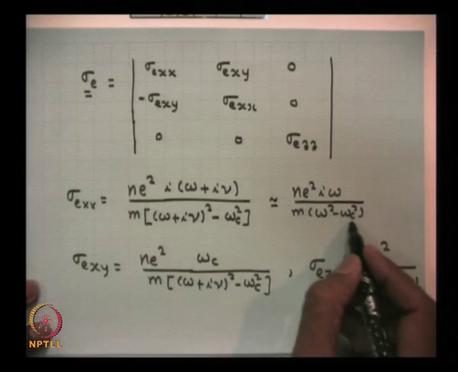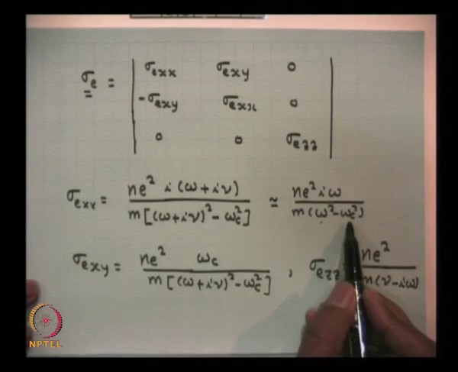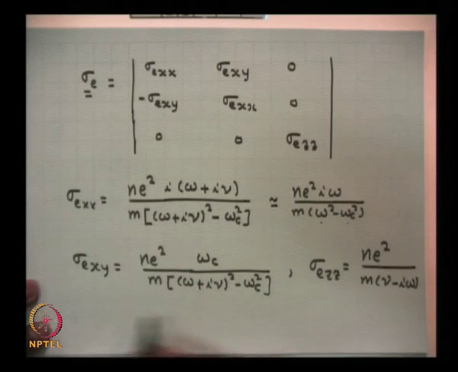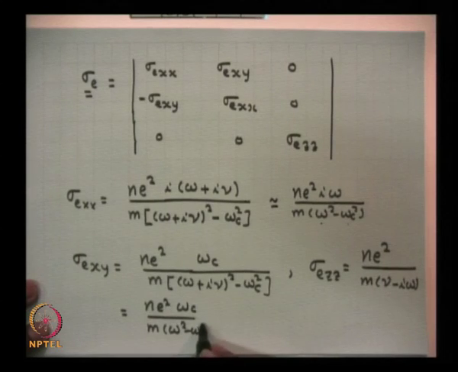There is a cyclotron resonance effect here. When the frequency of the electric field is close to the cyclotron frequency of electrons, this quantity could be very huge. And similarly, this quantity n e square omega c upon m, omega square minus omega c square, could also be huge.